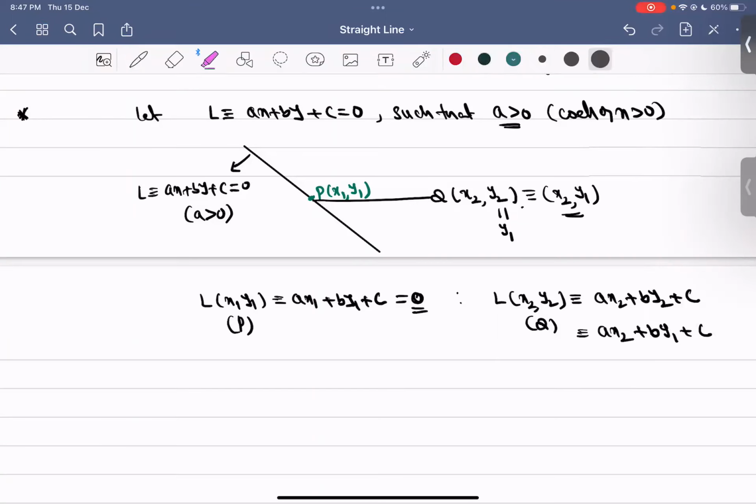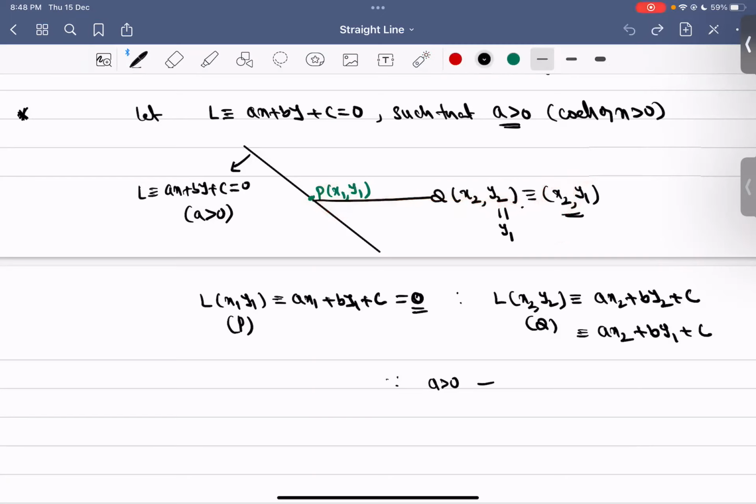Now if you observe this, we have already taken a positive. ax1 plus by1 plus c becomes 0, a is positive, and x2 is greater than x1, because from this diagram x2 is on the right-hand side of x1.